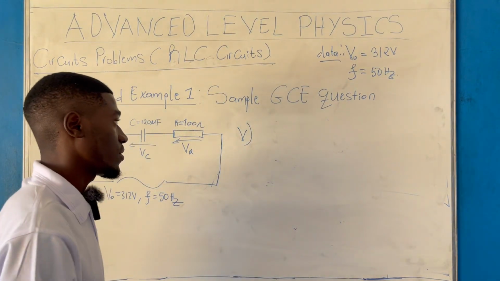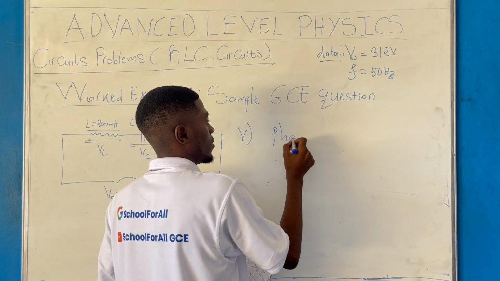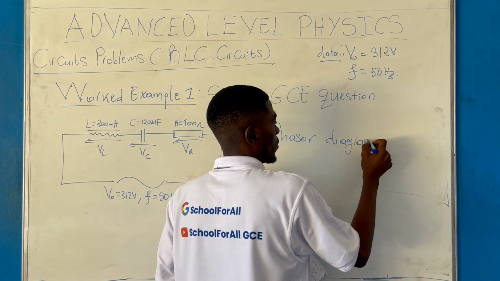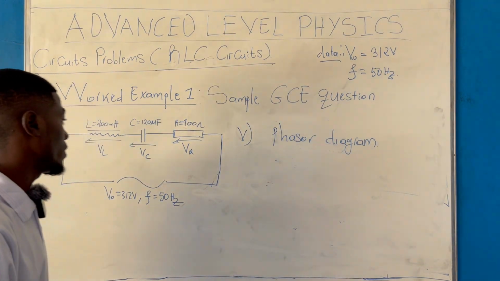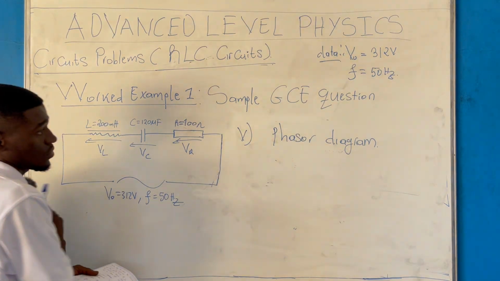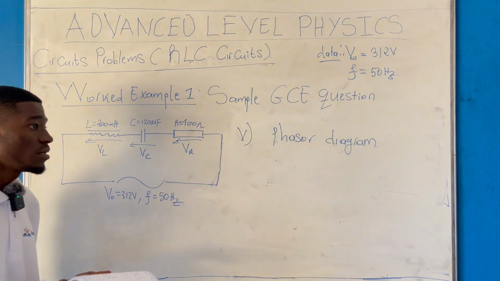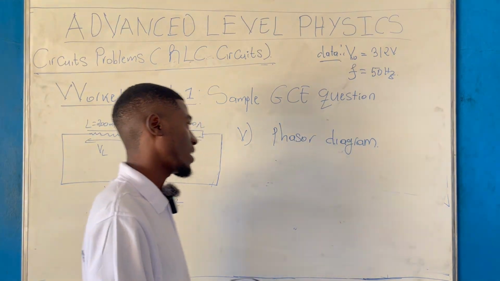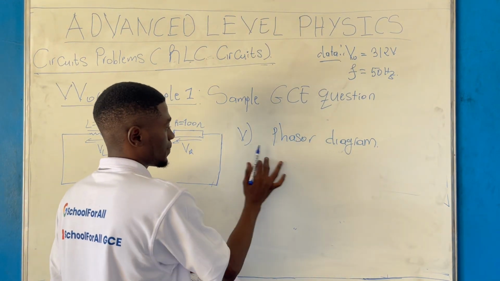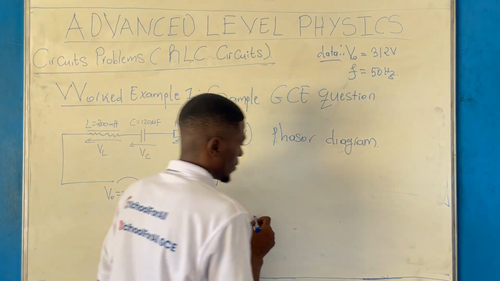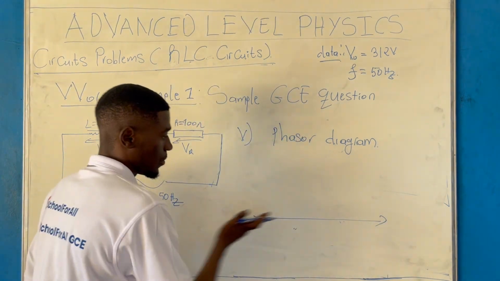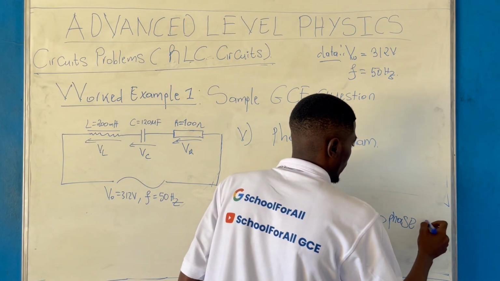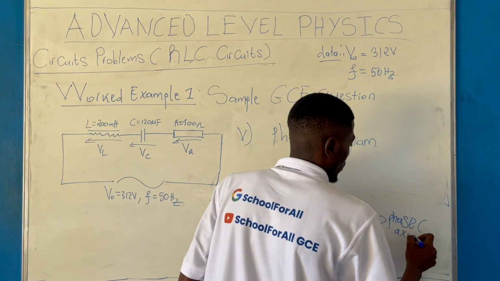We have to sketch a phasor diagram representing the phase difference between the voltage across the circuit VRMS and the current IRMS. We all know that in the phasor diagram, first of all, I represent my phase axis, which is the axis of current.